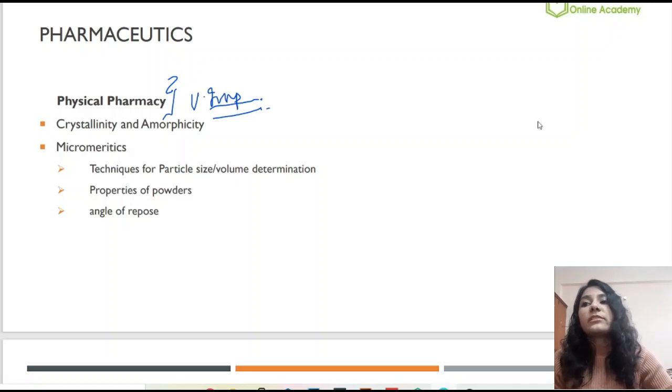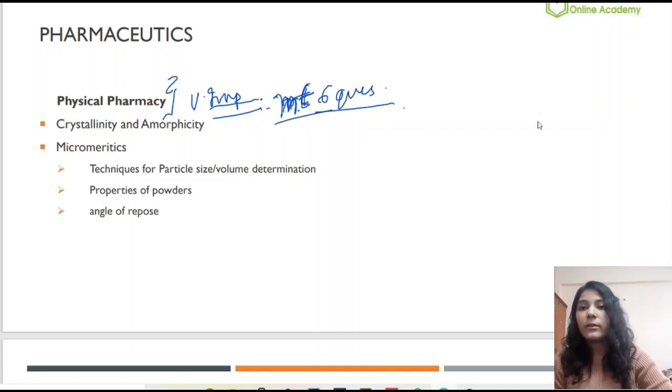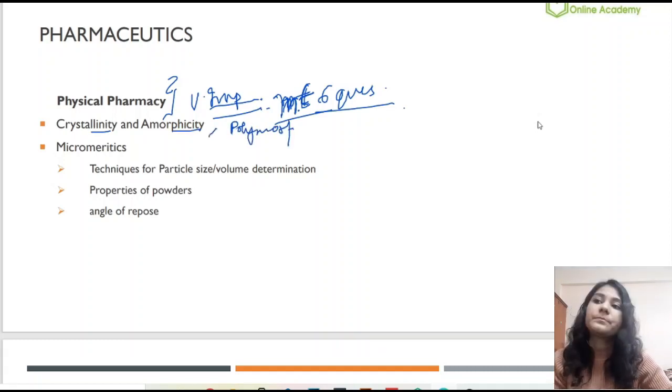Okay, so the next subject is physical pharmacy, and this is a very important subject. Every year you can find more than 6 questions from this particular subject, and questions are generally easy, not that tricky. Questions are generally asked related to crystallinity, amorphicity and polymorphism.